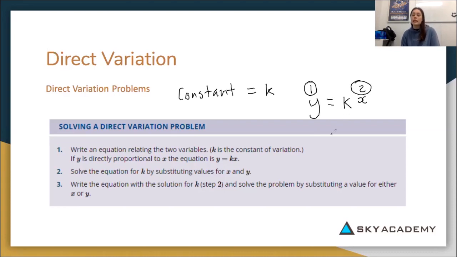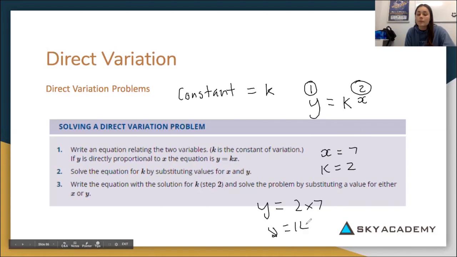So what step 3 is saying is that if you were given X and you know your K, then you can sub that in and find Y. So Y would equal 2 times 7, so Y would equal 14.